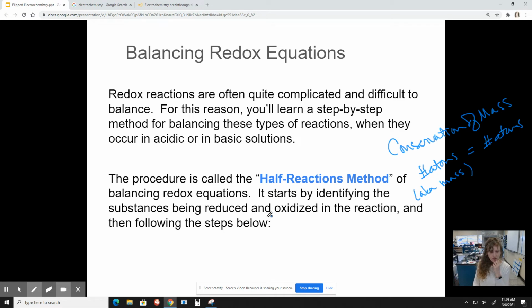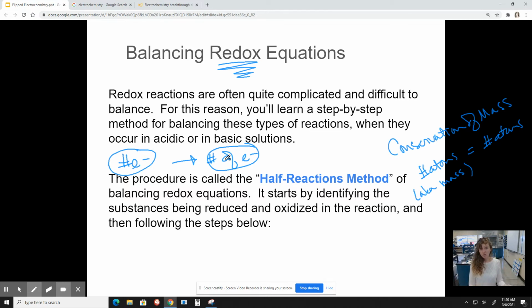We also need to be sure that the number of electrons that we start with is also the number of electrons that we end with. You know, if something gives up 4 electrons, something else has to take on those 4 electrons. So when we balance redox equations, we have to make sure that the electrons are balanced as well. And this can be tricky to do.